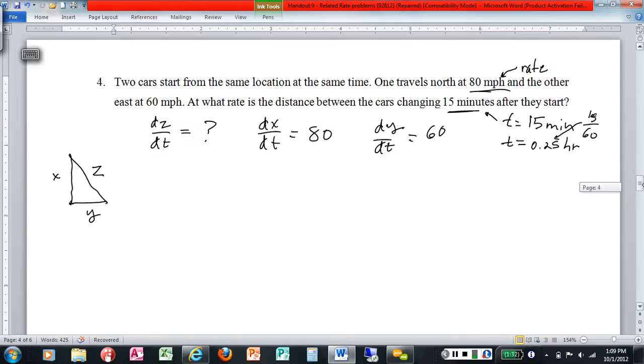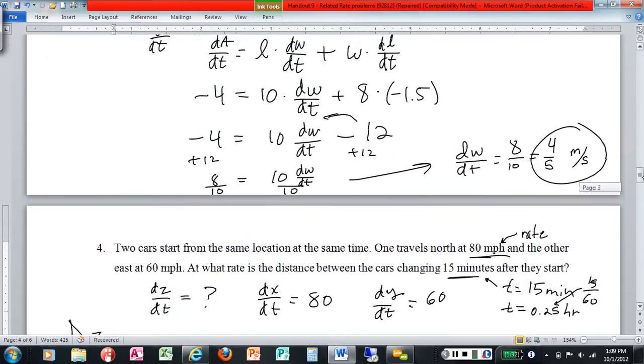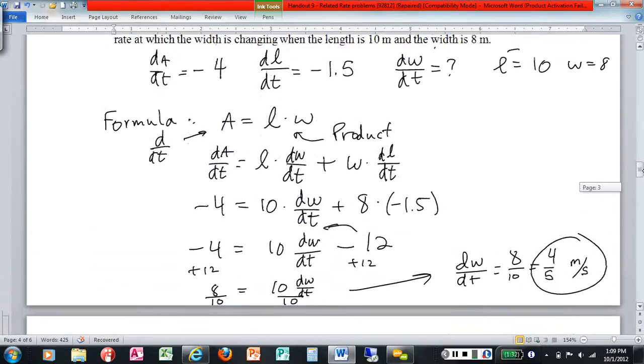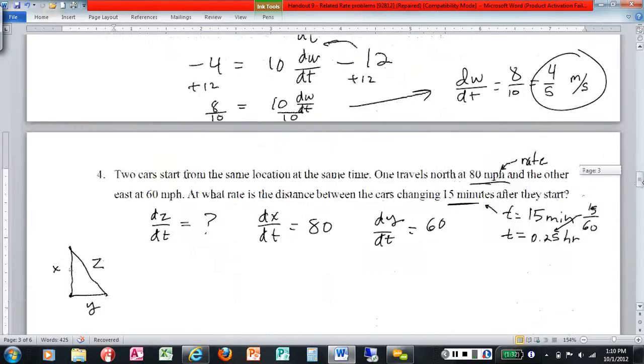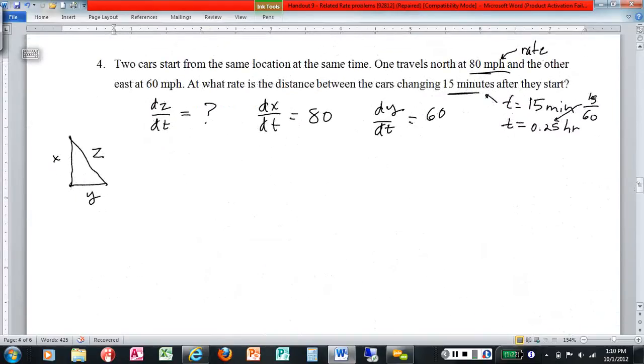Well, I've got them right here. On number 3, I labeled everything I had, and then I put a little formula. So I need an equation or formula. It's more of an equation on this one. So step 1, we drew the picture, then step 2, we labeled all of our information. Step 3 is going to be to write down a nice little equation if we can.